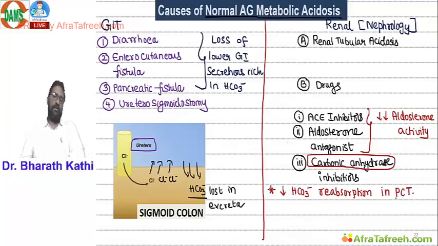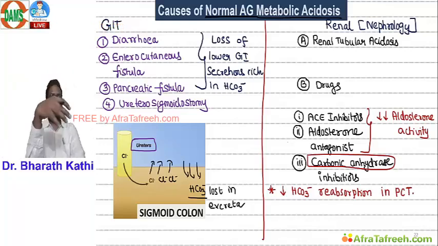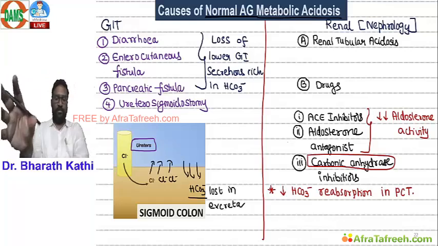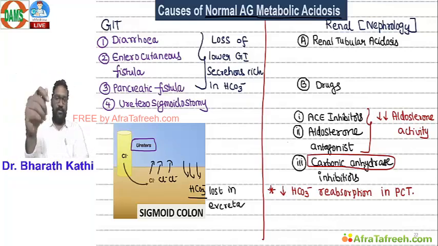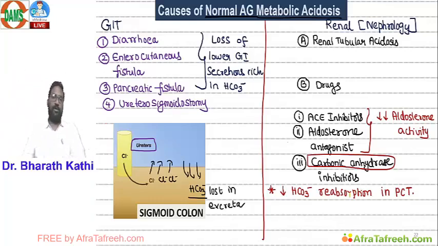This reabsorption in the proximal convoluted tubule is responsible for bicarb reserves in your body. Because the reabsorption is not happening, bicarb reserves in your body will decline. These are the causes of normal anion gap metabolic acidosis.